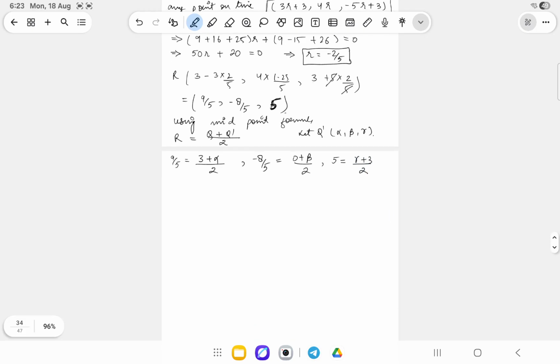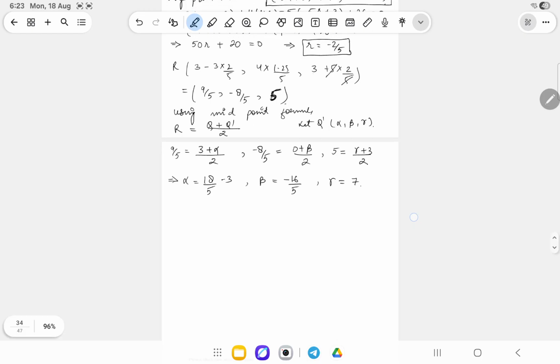So from here I can calculate the values of alpha, beta, gamma. If I simplify it, I'll get alpha as 18 by 5 minus 3, beta as minus 16 by 5, and gamma as 10 minus 3 which is 7.